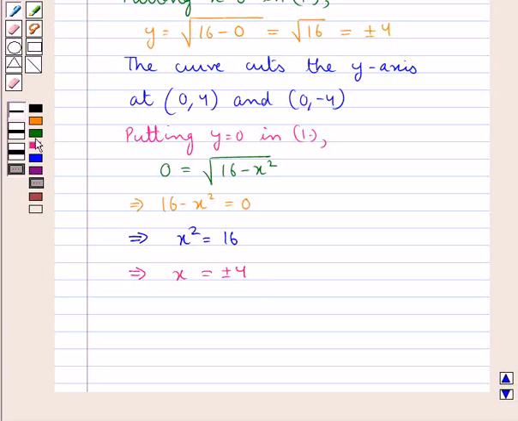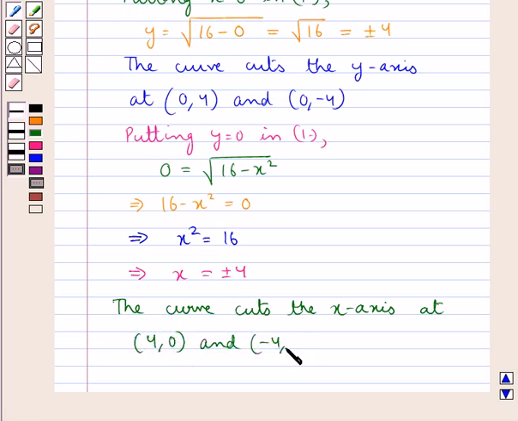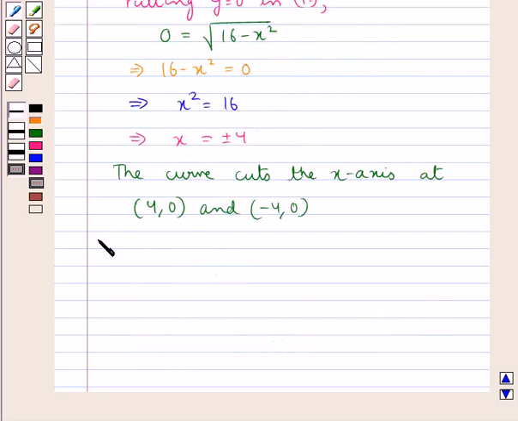So we can say that the curve cuts the x-axis at points (4, 0) and (minus 4, 0).